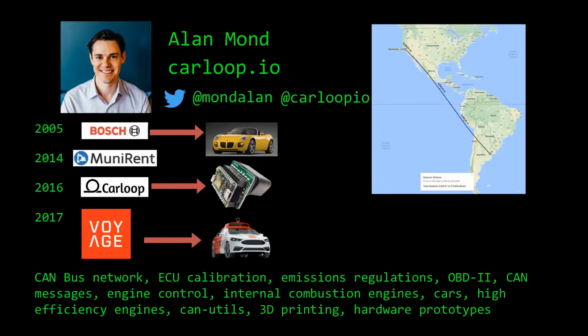Then launched in 2016 CarLoop, which is a car hacking tool, and you'll see it pop up here. And now I recently started at Voyage, doing hardware integration and controls for a self-driving taxi service. Below are all my interests. So if anyone is interested in any of that stuff, definitely hit me up on Twitter. My Twitter is on there as well.